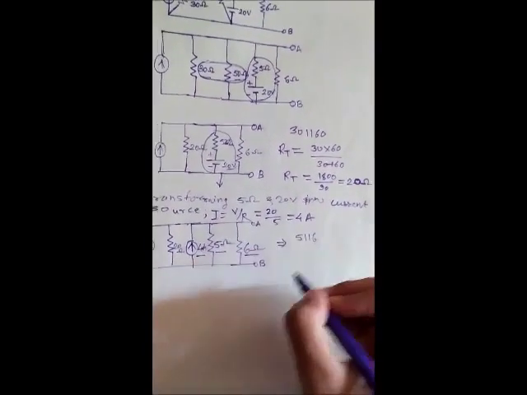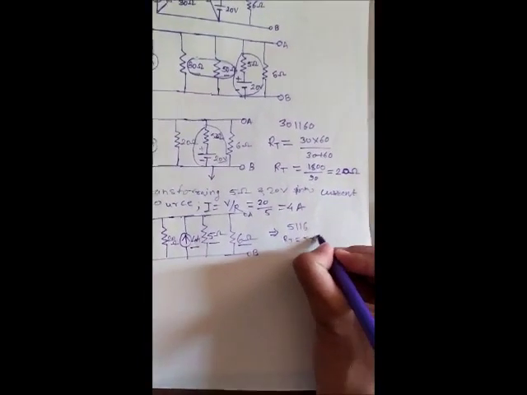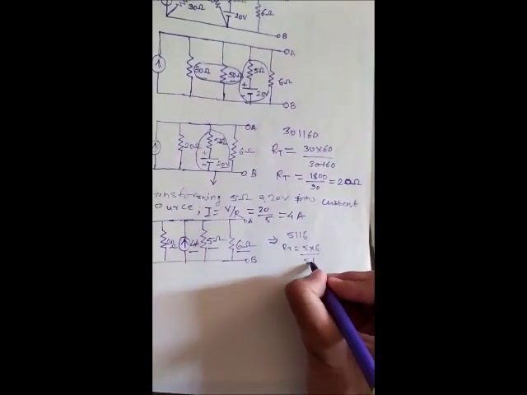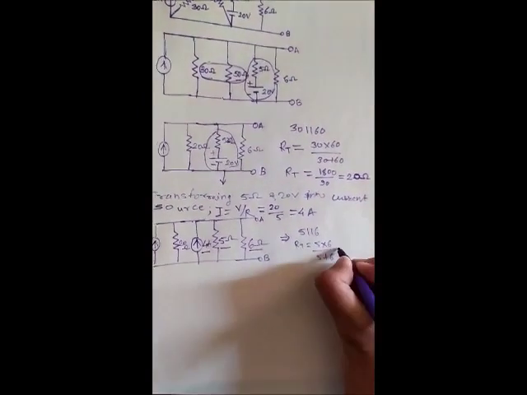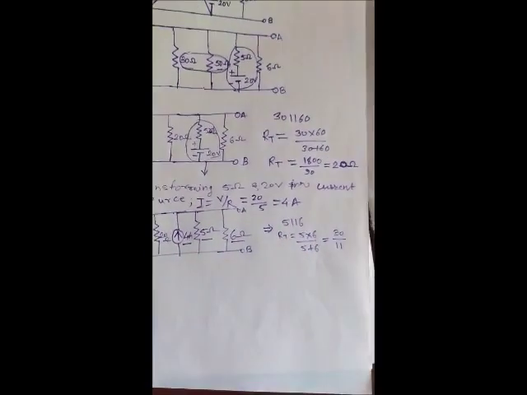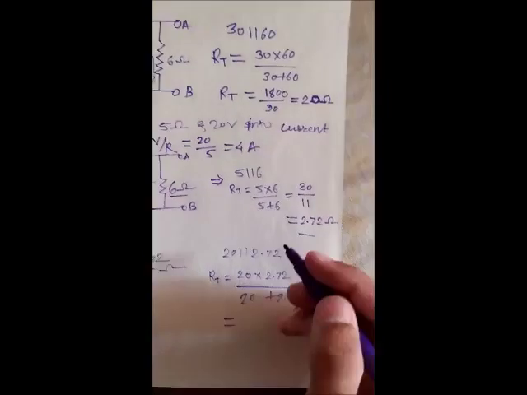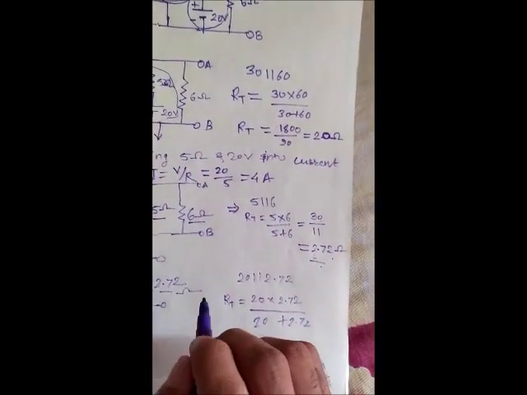Hence 5 parallel 6 we are going to see, that is RT is equal to 5 into 6 divided by 5 plus 6, 5 6s are 30 divided by 5 plus 6 is 11. Now after dividing 30 by 11 you will get 2.72 ohm.